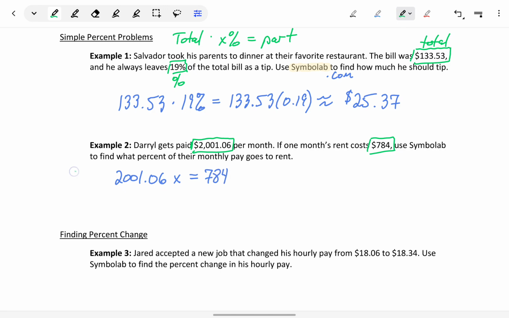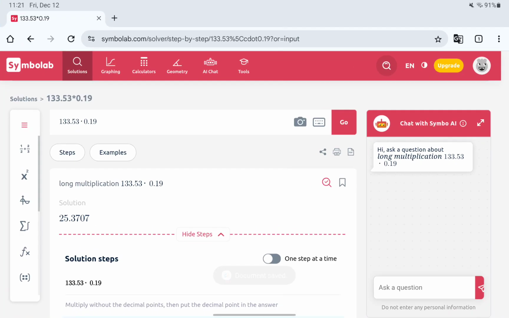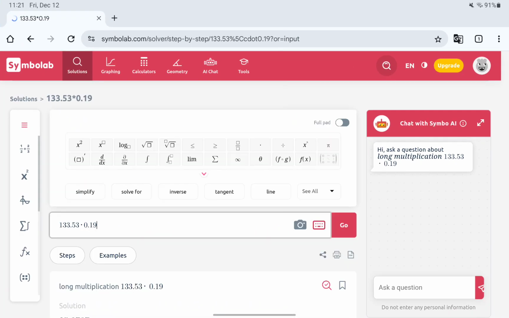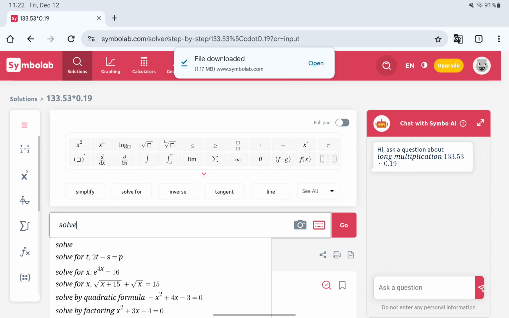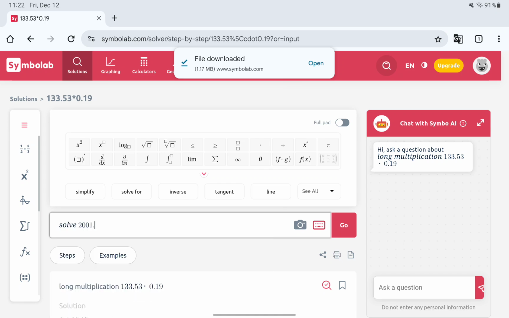What we're going to do is ask Symbolab to solve this for us, by typing in solve 2001.06 x equal to 784. So this is a relatively simple one to solve just with a calculator, but again, we want to show how we can use Symbolab so that as we get into more complicated problems throughout the course of the semester, we can see how this technology could benefit us.